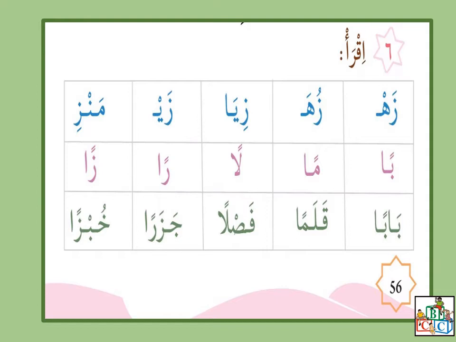Let's try now the last sentence, the green color. On your right side, you have baban. Again, baban. The second one, qalaman. Again, qalaman. Then, faslan. Then, jazaron.